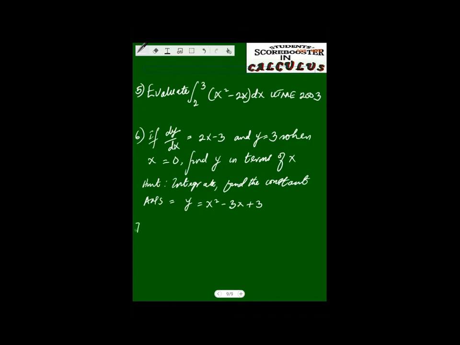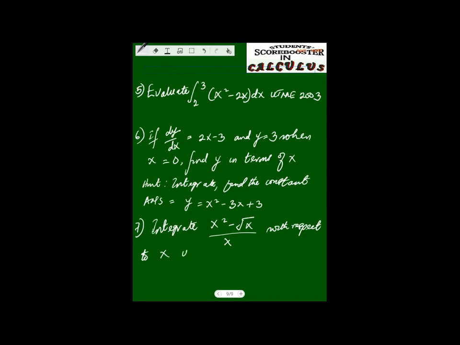And number 7, which is the last one, integrate s squared minus x over x with respect to x.